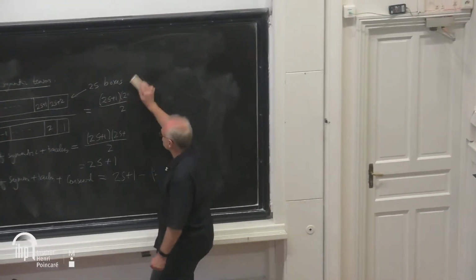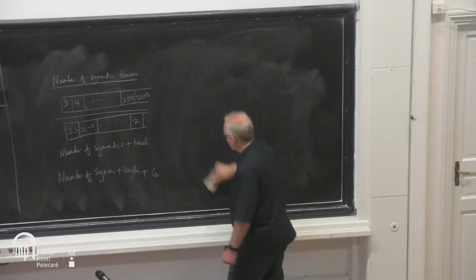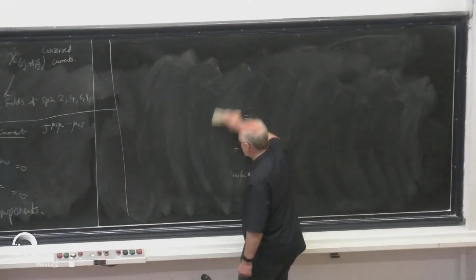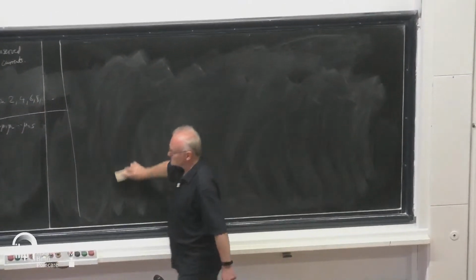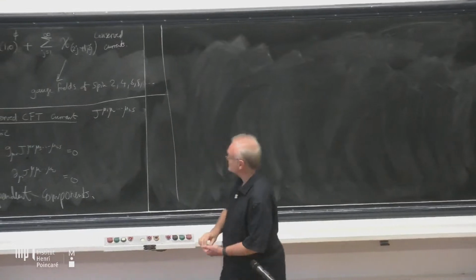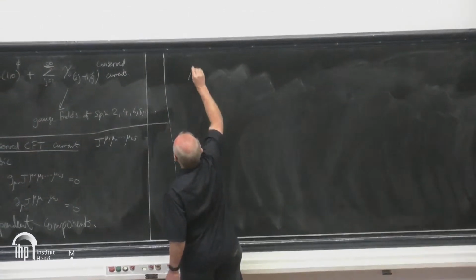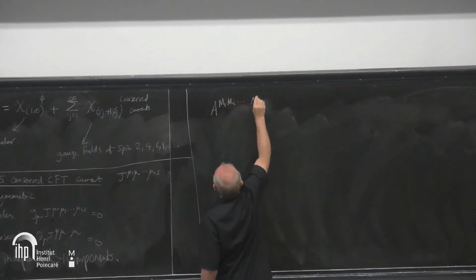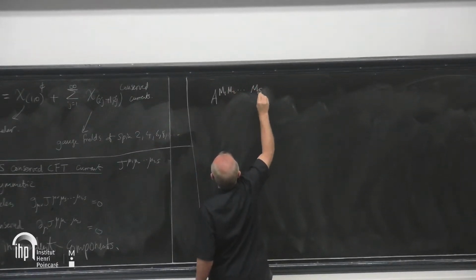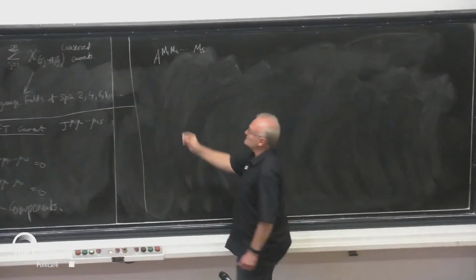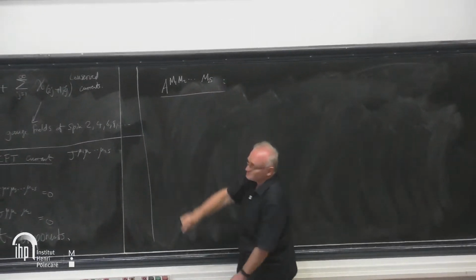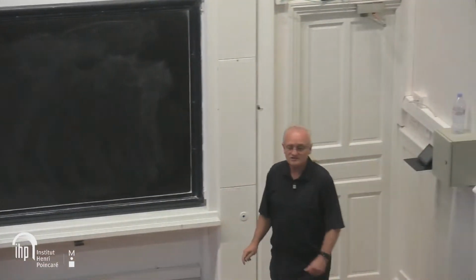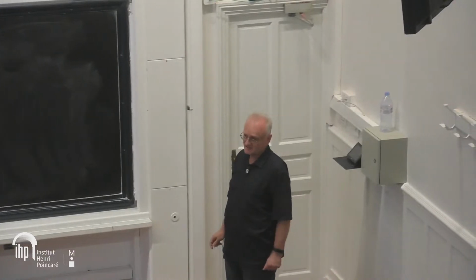So now let's talk about our gauge field. The gauge field is something like this: A, M1, M2, all the way up to M2S. And to count independent degrees of freedom, the first thing that you need to do is gauge fix the theory.